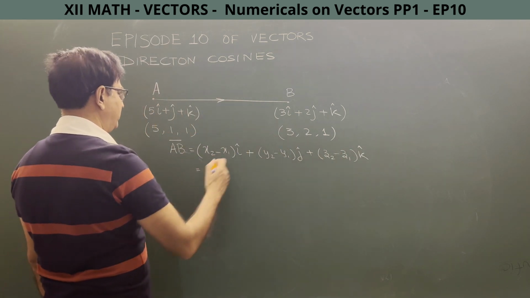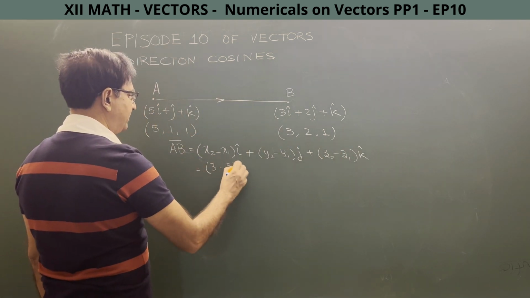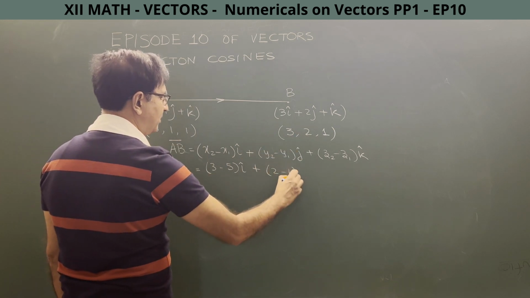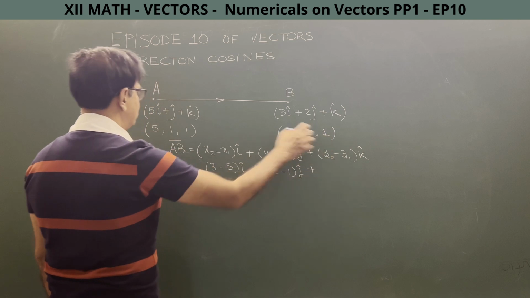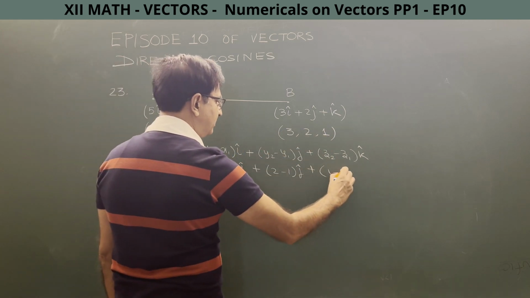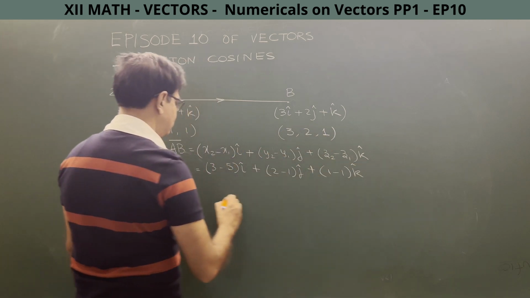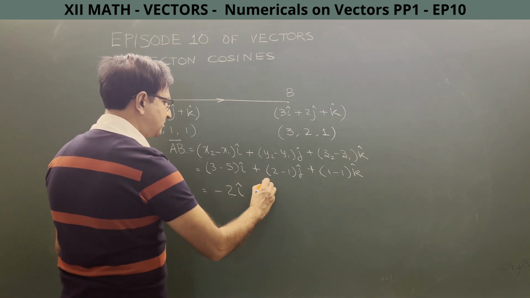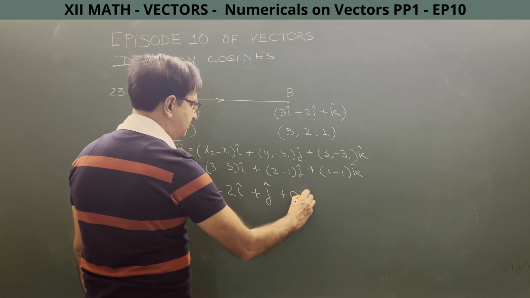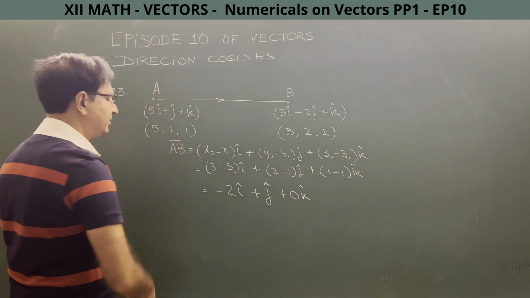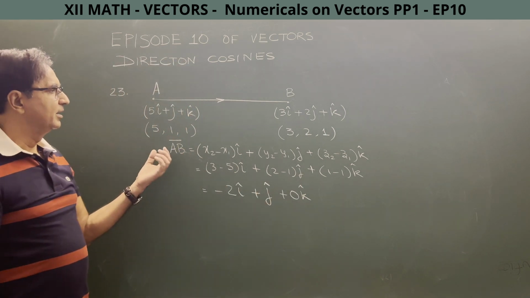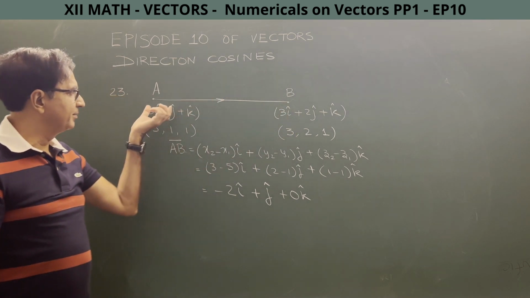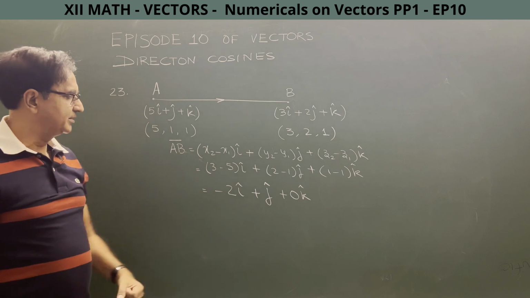Now what is x2? 3 minus 5 i cap plus 2 minus 1 j cap plus 1 minus 1 k cap. So that will be minus 2i plus j plus 0k. So now I know what is vector AB. You could have also said OB, that is position vector of B minus OA. That is one and the same thing.